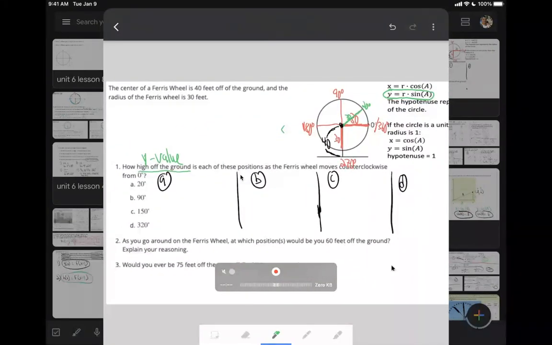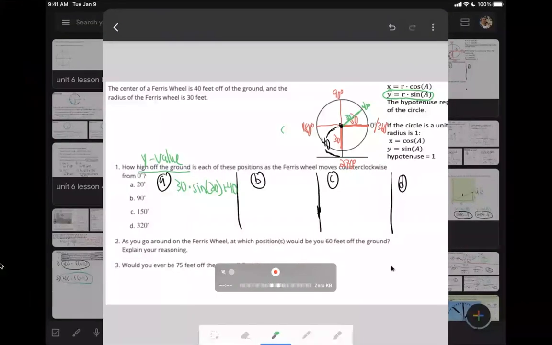So it's going to be the radius, which is 30, times sine of the angle, which is 20, and then I have to add 40. So 30 times sine 20 degrees plus 40 will give me the actual height off the ground.